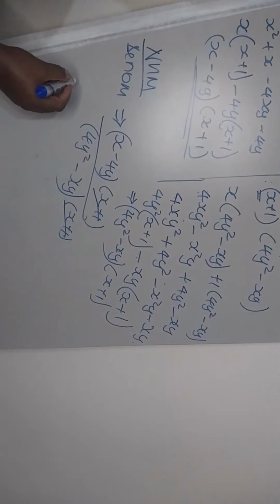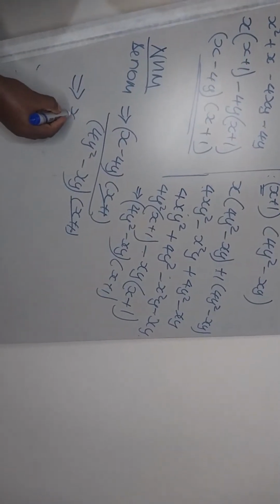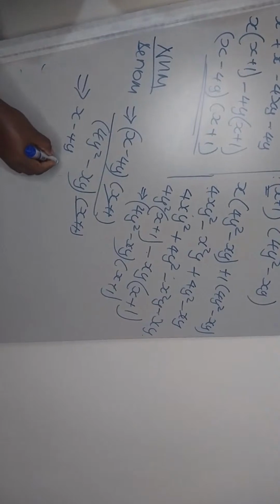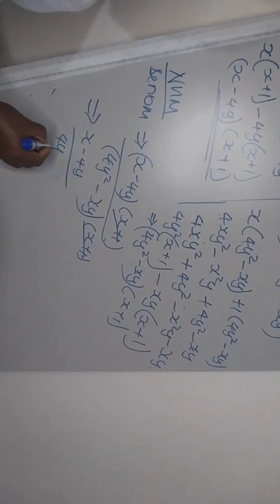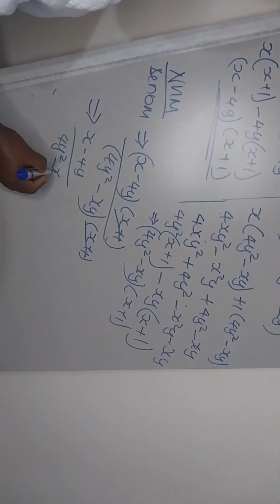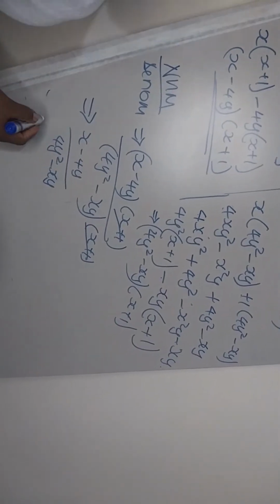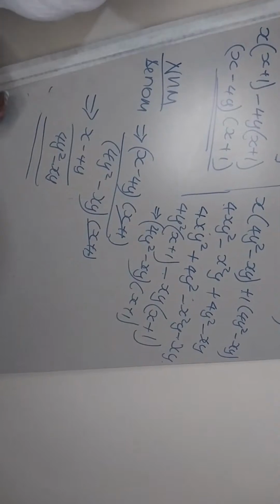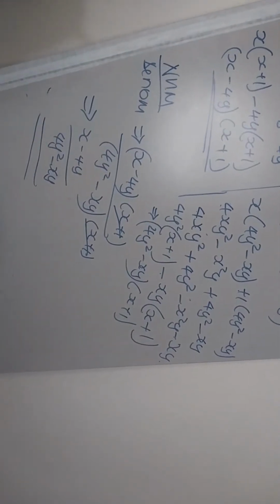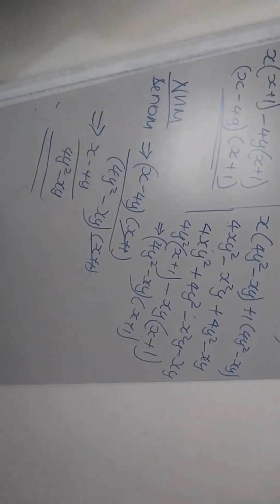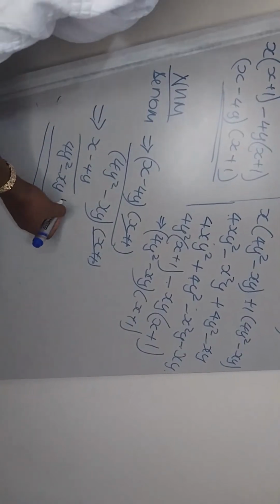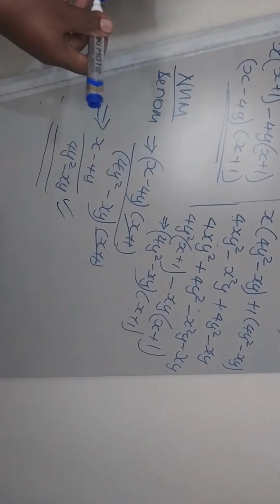Those ones end like that. We remain with x minus 4y all over 4y squared minus xy. Good. That is our final answer.